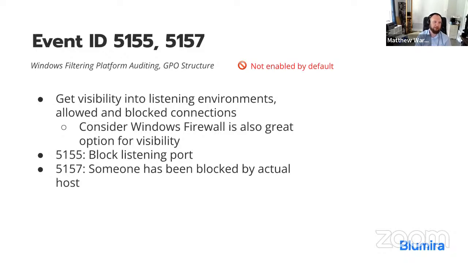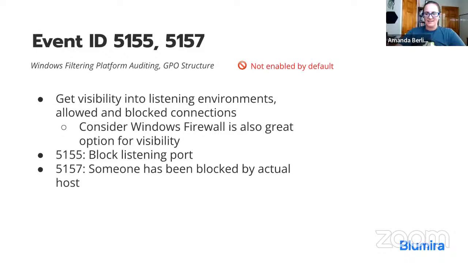The issue with 5156, which is basically an allowed connection across the Windows Filtering Platform, is that it will take every single thing. So if you have a process that's making a call to localhost, it will log out tens or hundreds of millions of events a day, and it will eat everything.